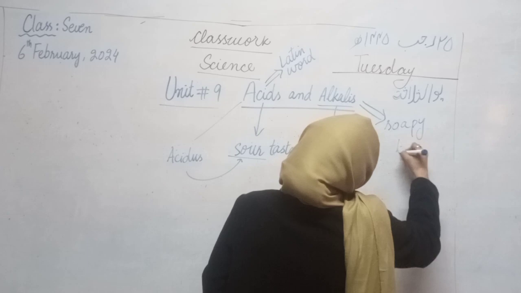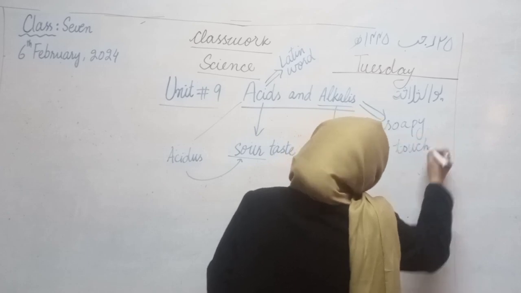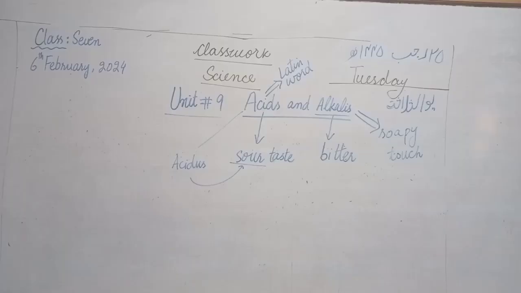Can you relate to a soapy touch? Alkalis are those substances having a soapy or slippery touch, and we can easily find these things in our surroundings as we wash our hands.